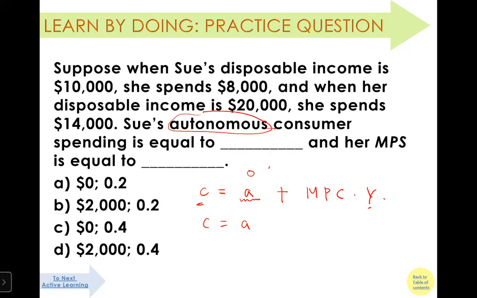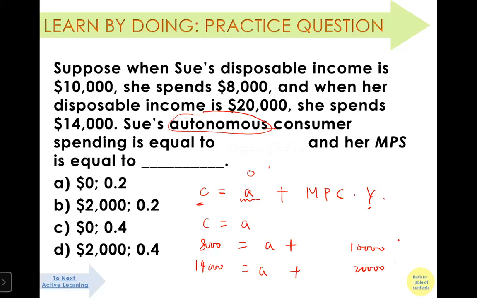So I can redo the exercise for this slide. Basically, you have two pieces of information, right? This individual is going to spend 8,000 when income is 10,000, and spend 14,000 when income is 20,000.